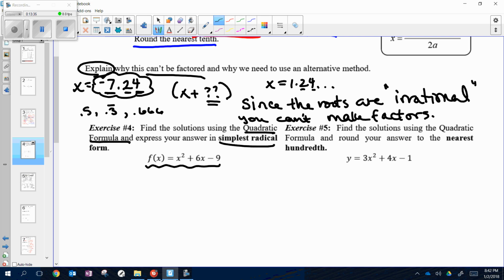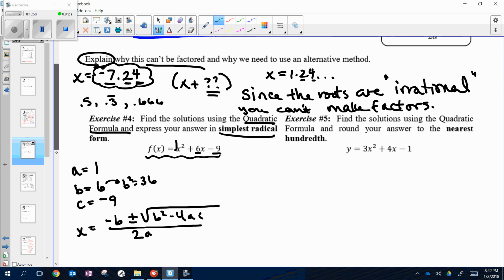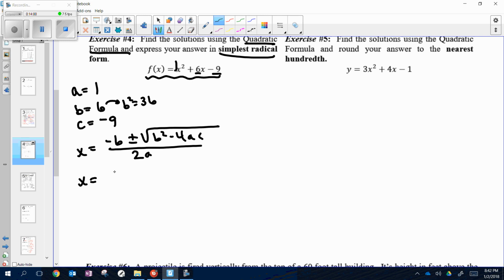All right, A is 1, B is 6, and C is not just 9, it's negative 9. Again, B squared, 36. X equals negative B plus or minus square root of B squared minus 4 times A times C all over 2 times A. X equals negative 6 plus or minus the square root of, B was 6, right?